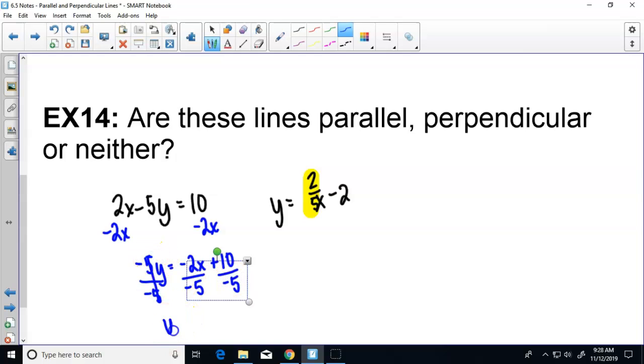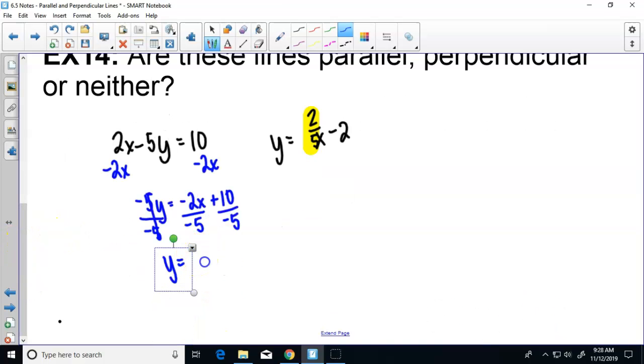Okay? All right, so y equals, and then what's negative 2 divided by negative 5, Gabe? Very good. So I'll have 2 over 5x, and then 10 divided by negative 5, negative 2. Okay? So we got something here. We got slope of 2 fifths.